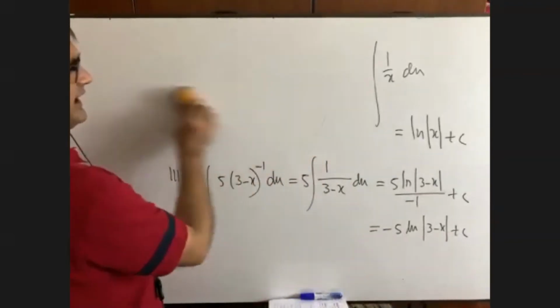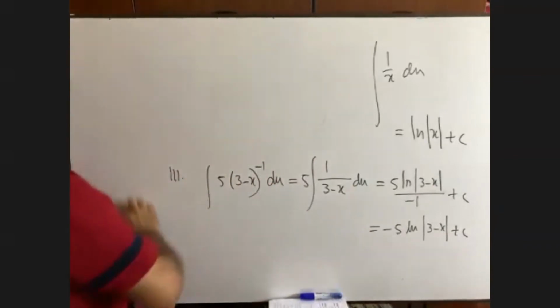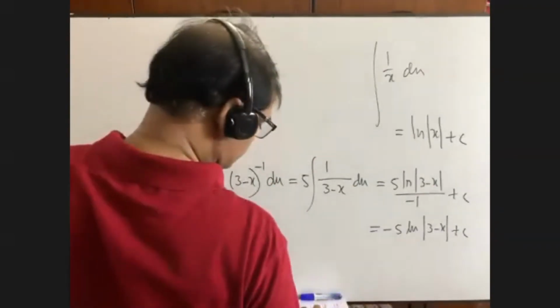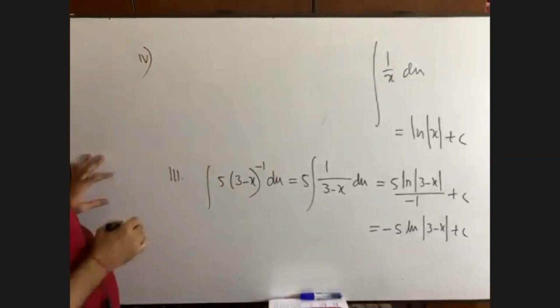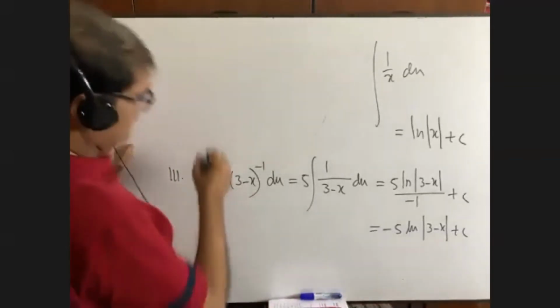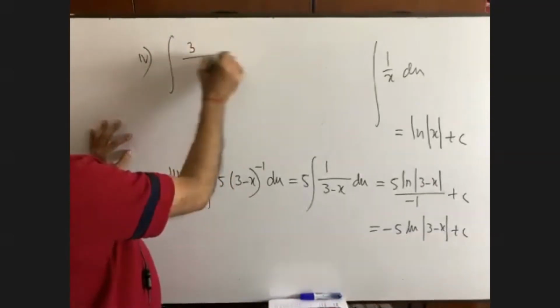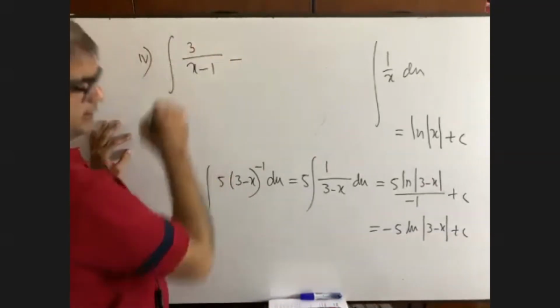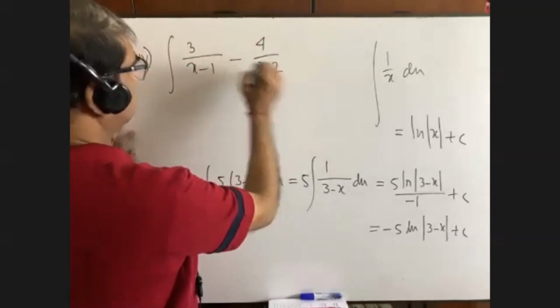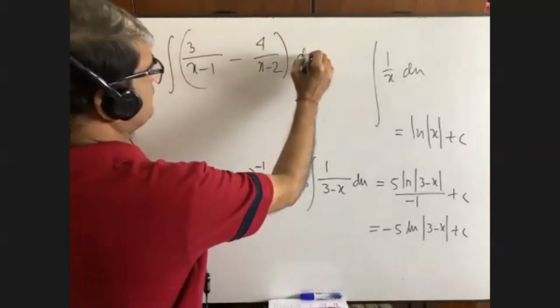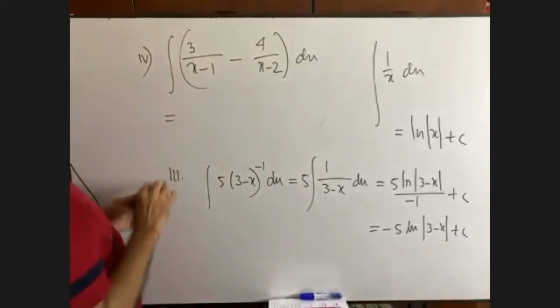If the next math, and the last math of the exercise, is given like this, number 4, 3 by x minus 1 minus 4 by x minus 2 dx. What will we do? Let me know.